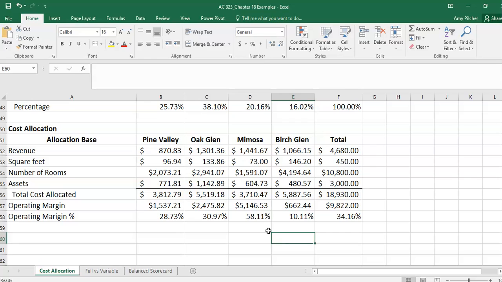And now we've gone from everyone having the same exact operating margin percentage to each hotel having a very different operating percentage based on their activity use of the different cost pools that we calculated.